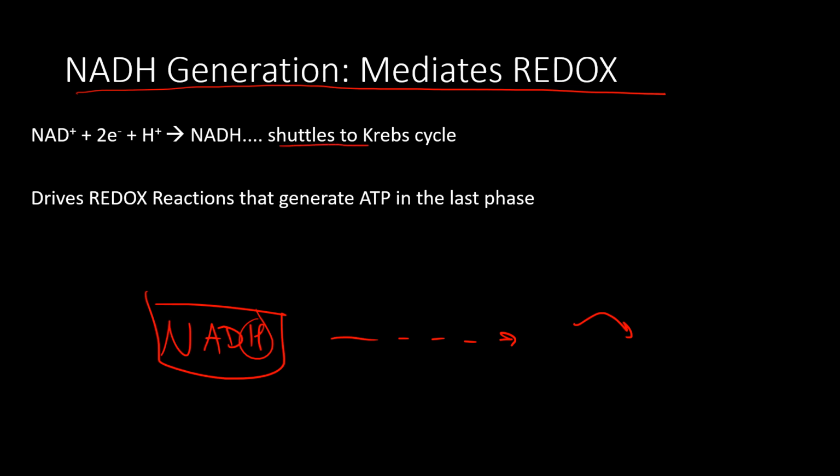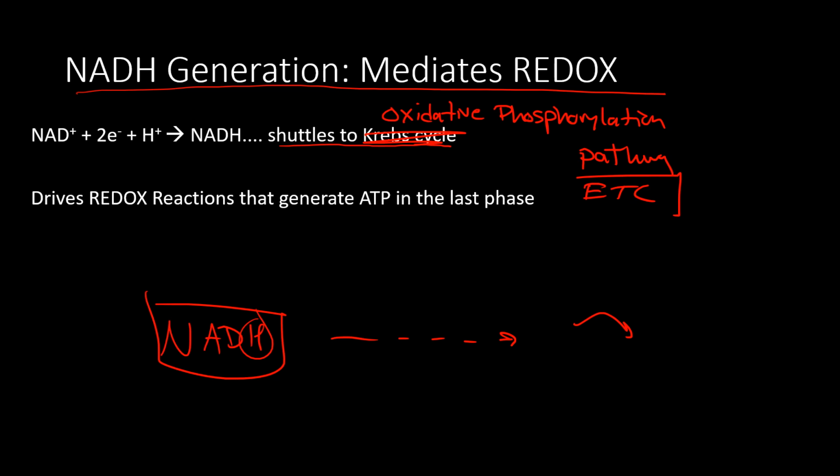It doesn't shuttle it to the Krebs cycle. No, this is wrong. It shuttles it to the oxidative phosphorylation pathway, and what that is, that's the electron transport chain. And that's the same idea that we saw in photosynthesis.